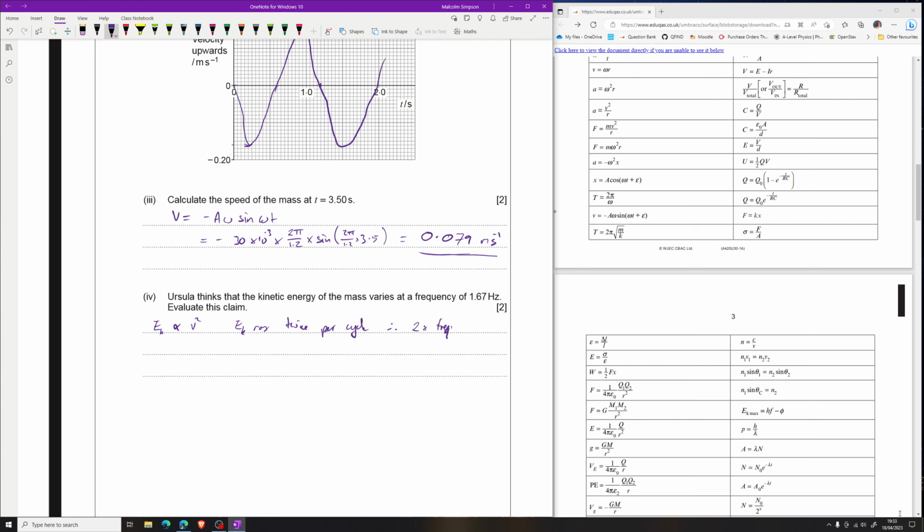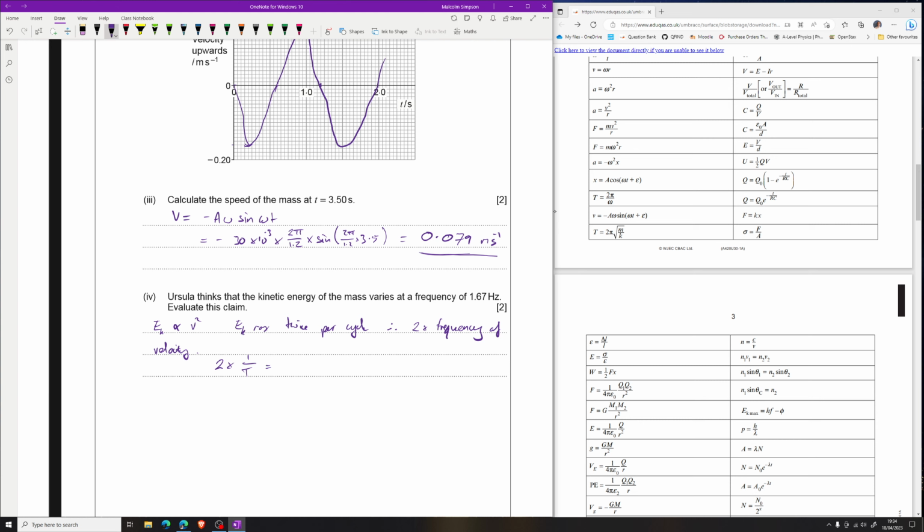The kinetic energy varies with twice the frequency of velocity. So 2 times the frequency of the velocity, which is 1 over T.